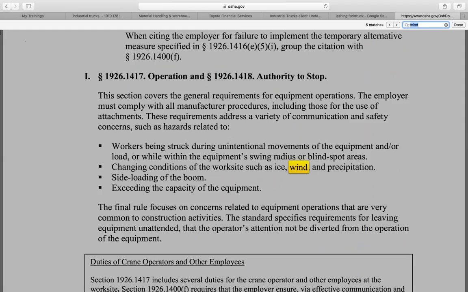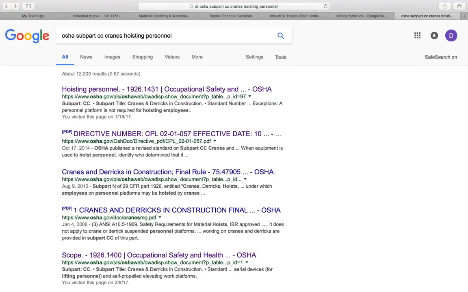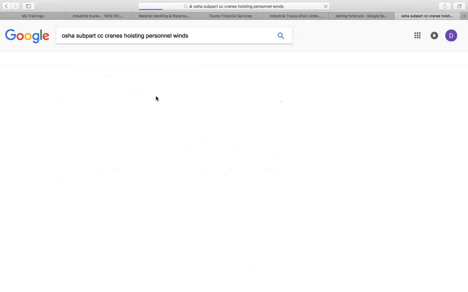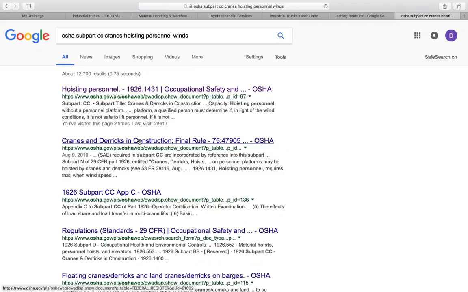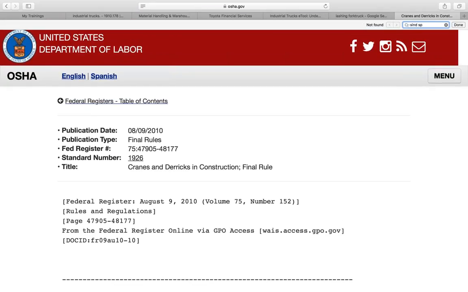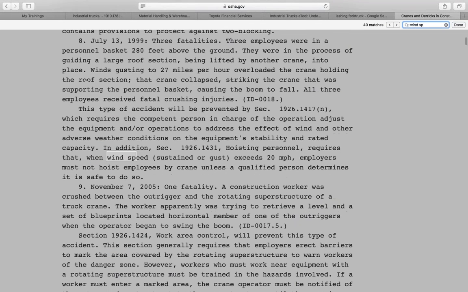Okay, so that one's talking about changing winds, but let me pull up the speed of the winds now. Okay, so here you go.